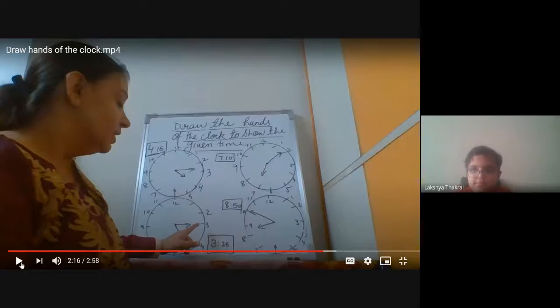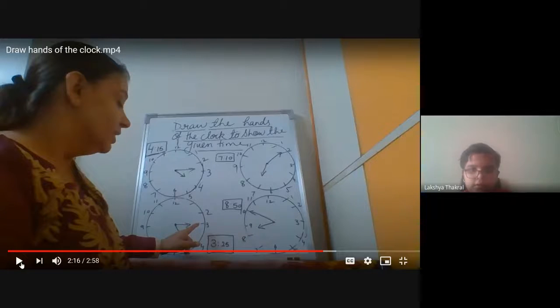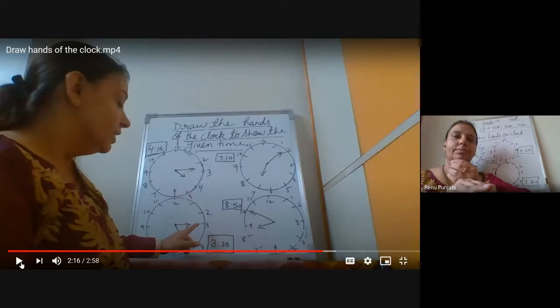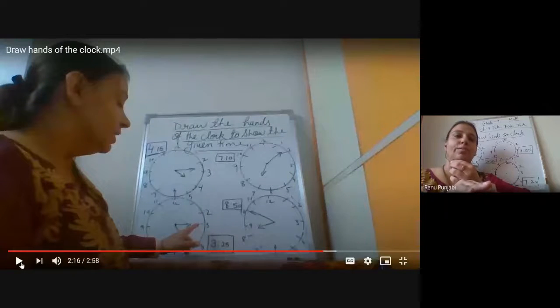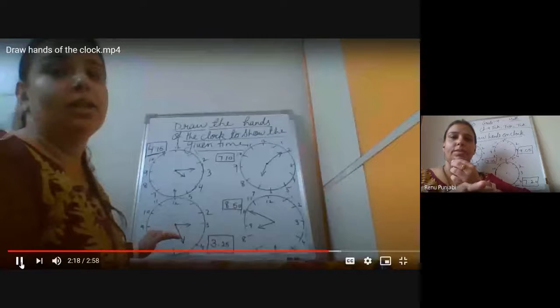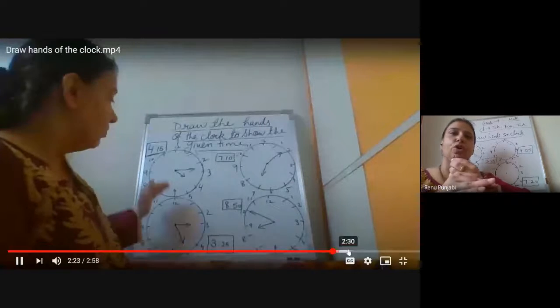Where will be the short hand in this time 3:25? 3, ma'am. 3. Very good. So it will slightly move from the 3. It will be between 3 and 4. Now go to the next, 4:15.